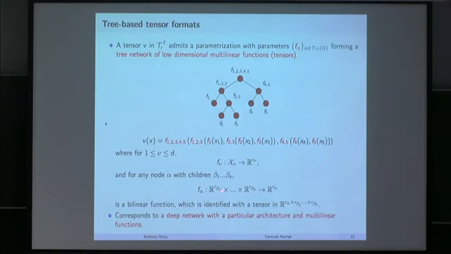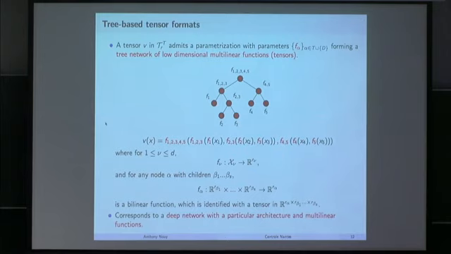So if you have a node alpha with several children, beta 1 until beta s, the function f alpha that you see in this representation is a multilinear function on a product of Euclidean spaces to Euclidean spaces. And of course, a multilinear map from this to this can be identified with a tensor.